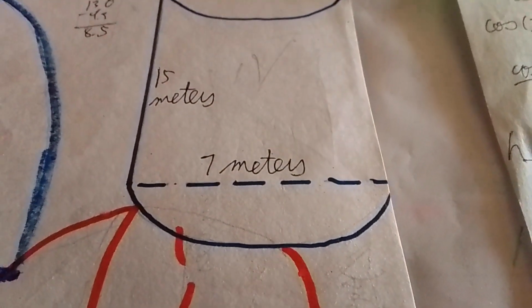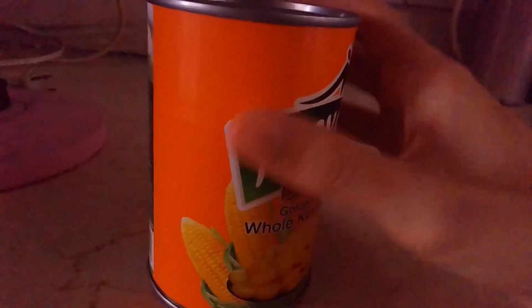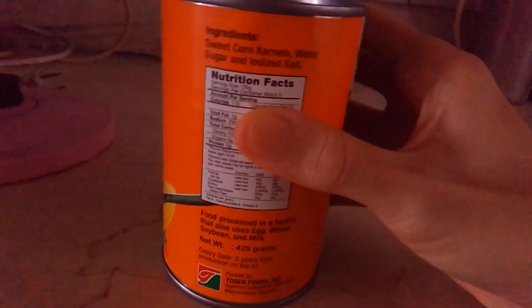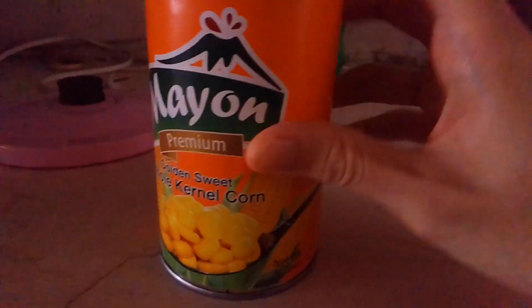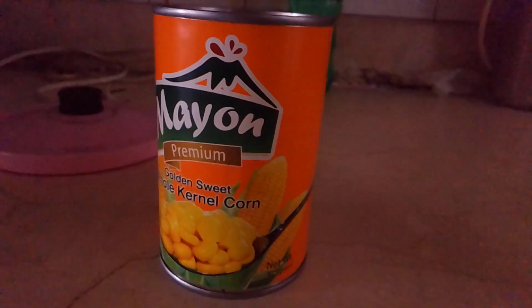Let me show you the can again. Remember, normally the can goes all around. It starts from here and goes all the way up to here, one whole rotation, until here. But since it's a half cylinder, it just goes around from this part, until here only. Then it stops here.